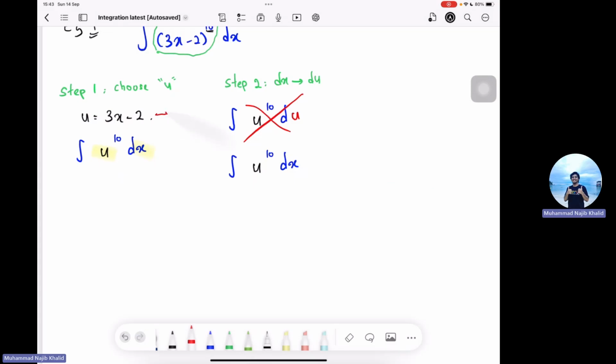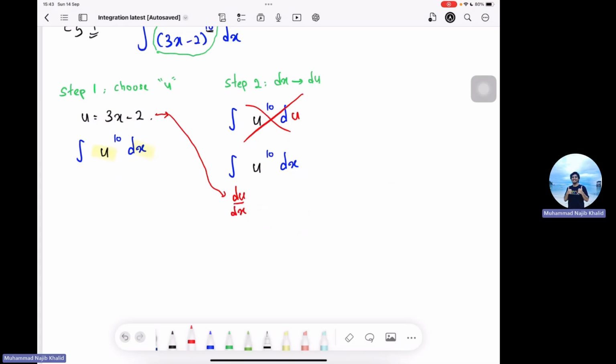So here, we take u back. We will find the differentiation, or derivative, of u with respect to x, in the symbol of du over dx.